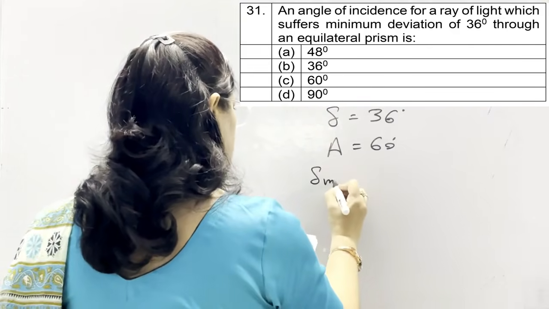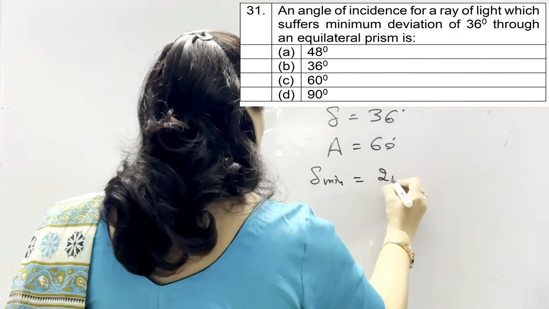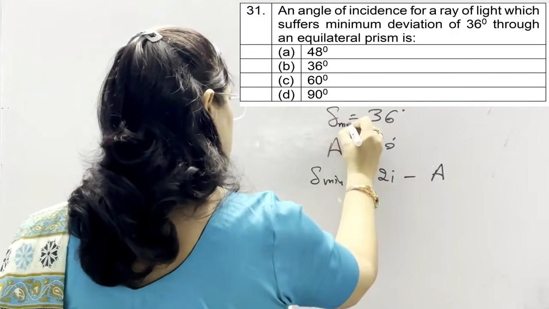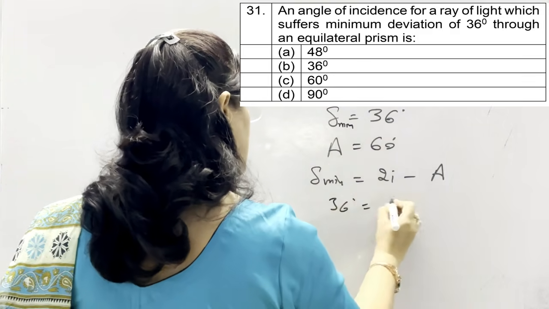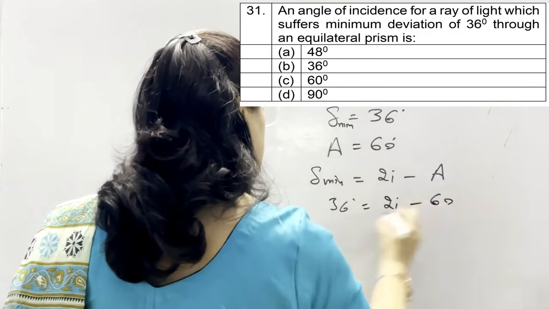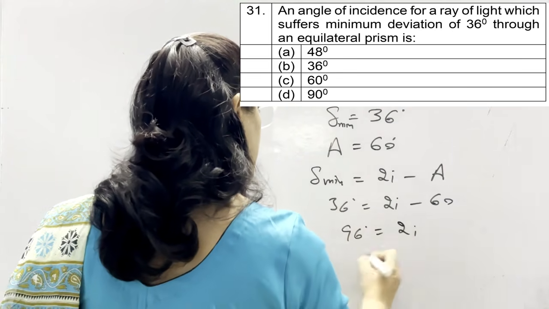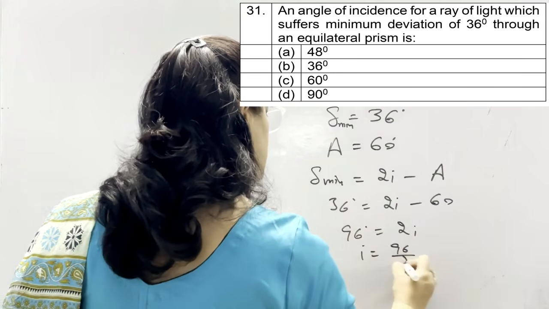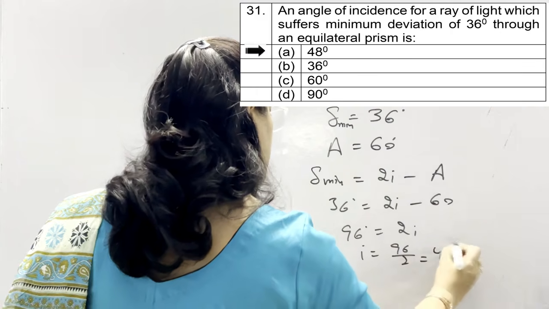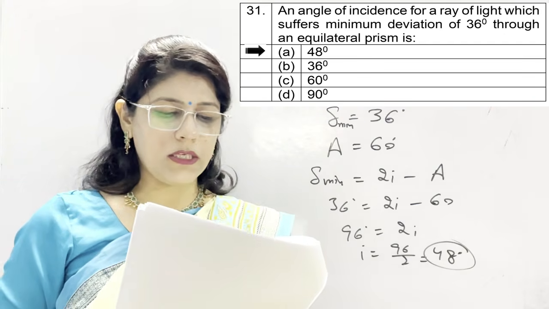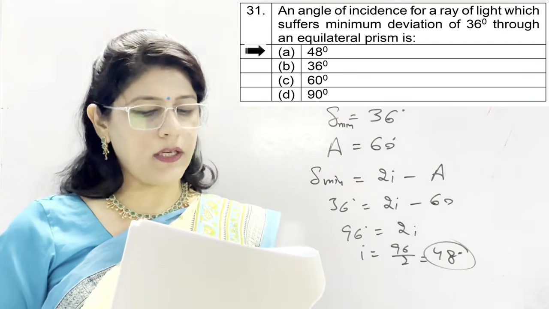We know the formula: delta minimum is equal to 2I minus A. Value of delta minimum is 36 degree is equal to 2I minus 60. 36 plus 60 is 96 degree is equal to 2I. So I is equal to 96 upon 2. It means 48 degree.